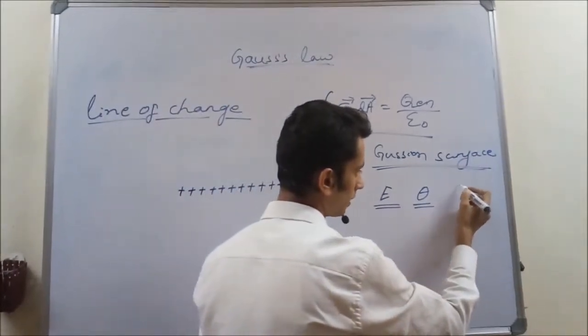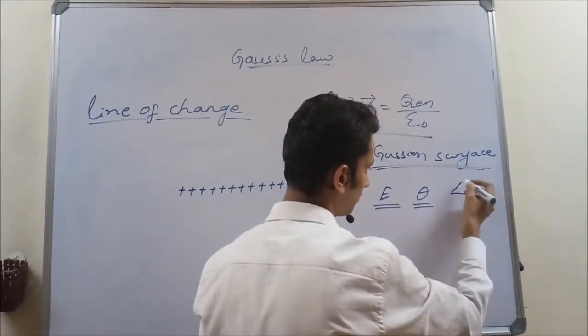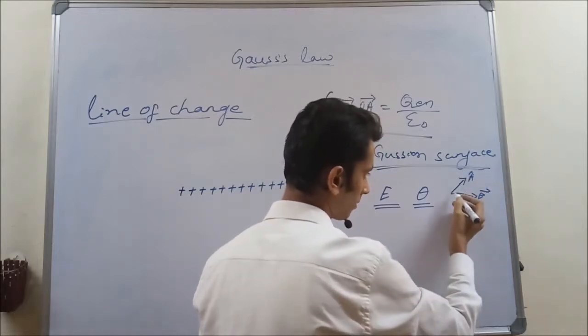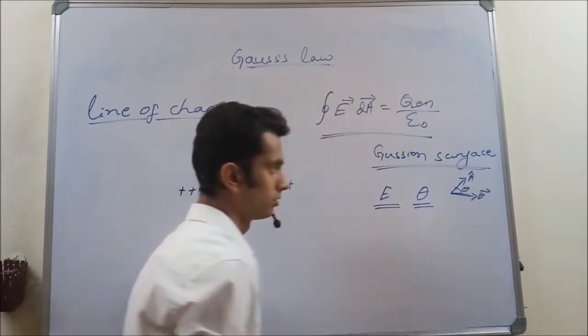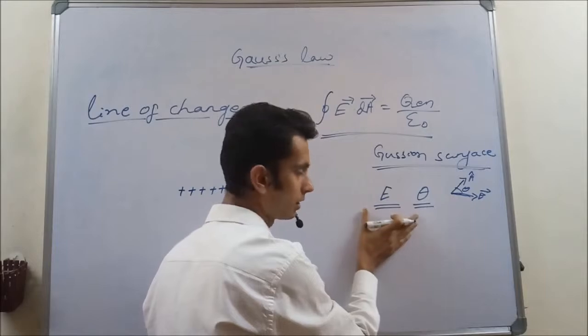Theta is the angle between the direction of the electric field and the direction of the area of the surface. So I have to consider that these two things have to be constant.